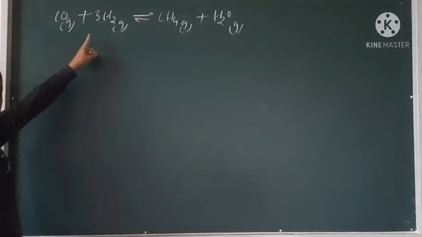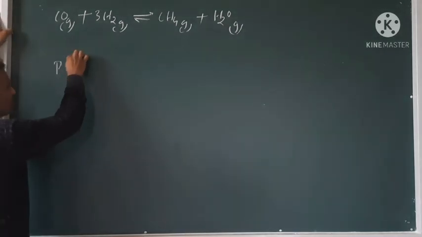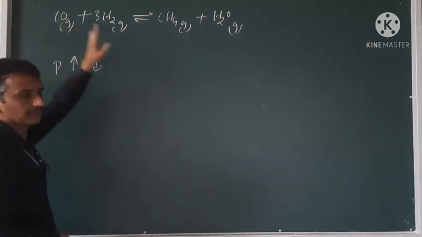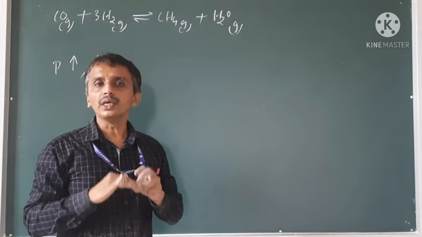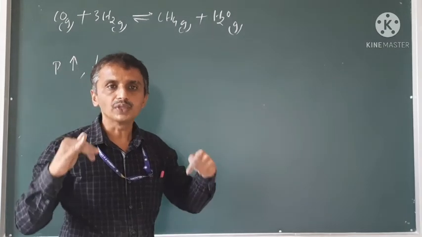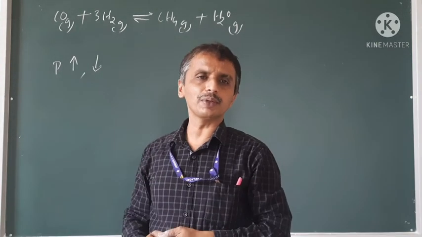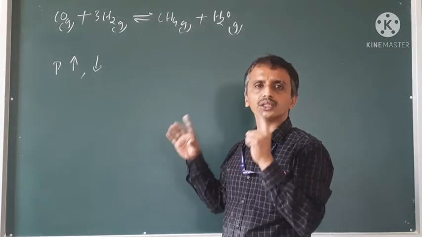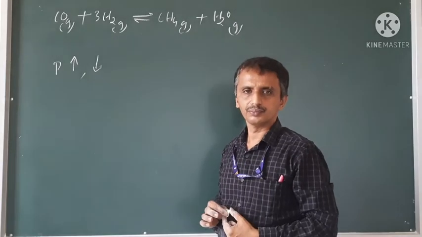Now, when I increase or decrease the pressure, equilibrium will no longer be maintained. To bring it back to equilibrium, which direction the reaction will favor is given by Le Chatelier's principle.